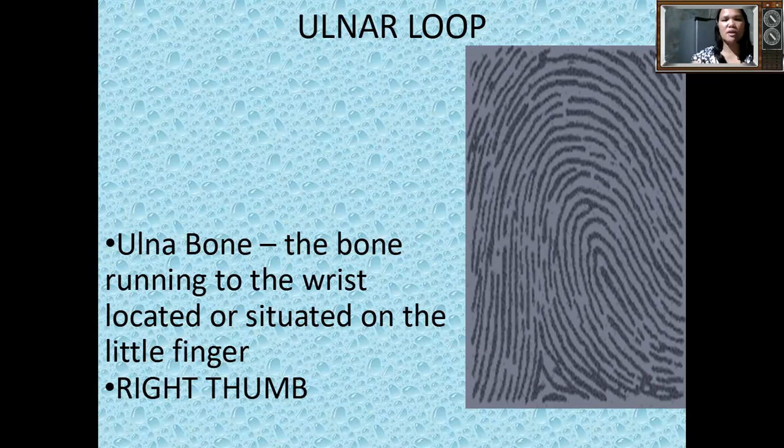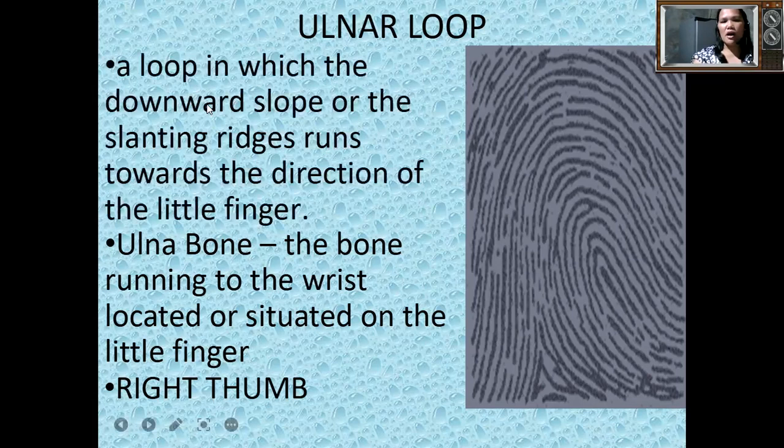That is why it is called an ulnar loop. As per detail, a loop in which the downward slope or slanting ridges run towards the direction of the little finger is what we call an ulnar loop.